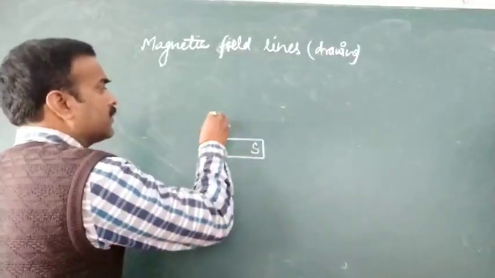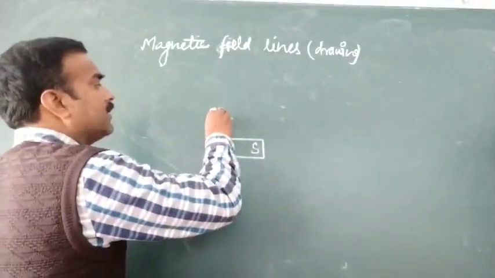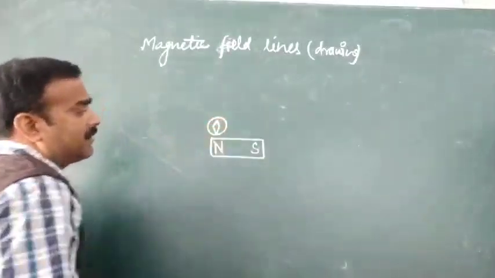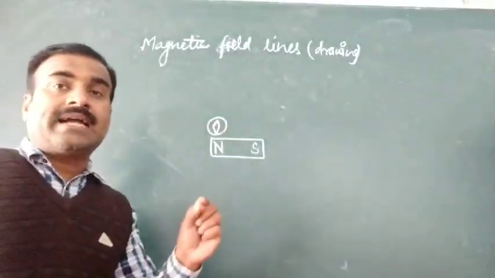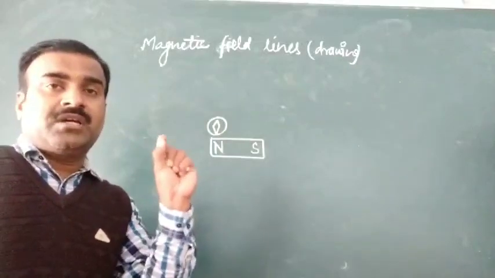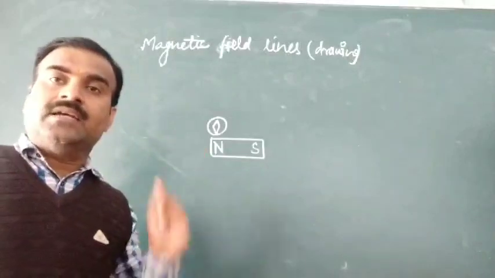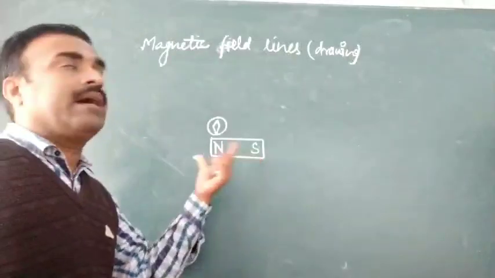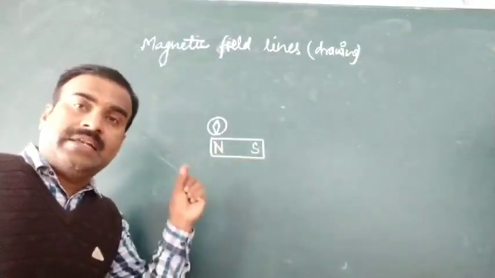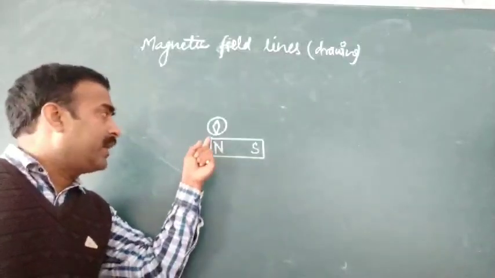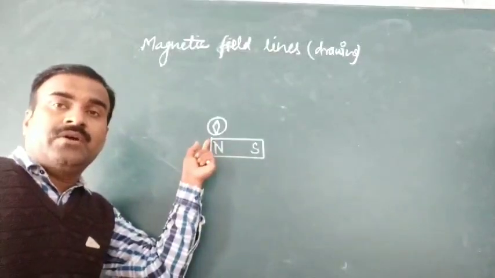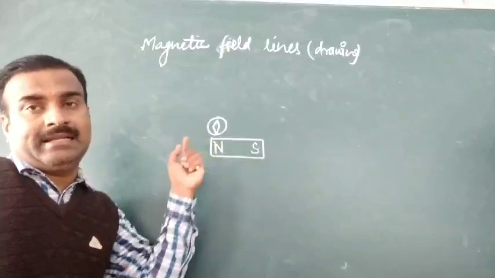Here, put a magnetic needle. Deflection will be obtained, and the needle will stop at exactly one point. What to do? You have to take a bar magnet, and nearby the bar magnet, at one end of the pole, put a magnetic needle.